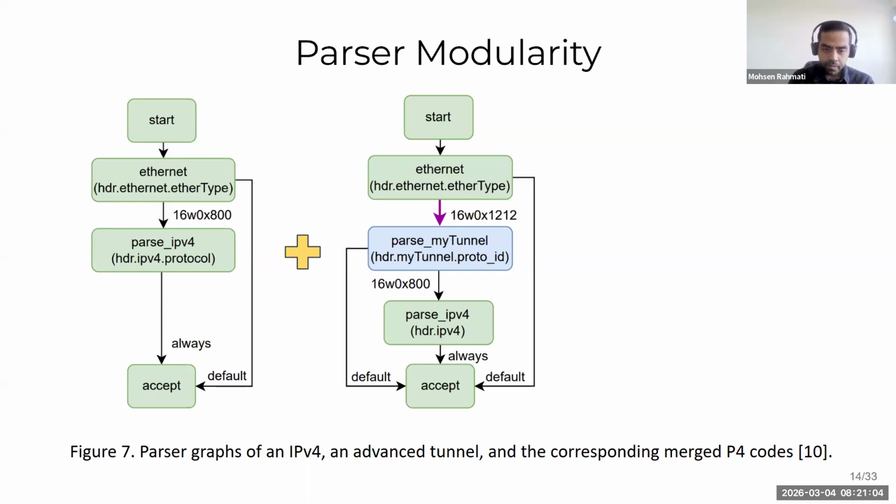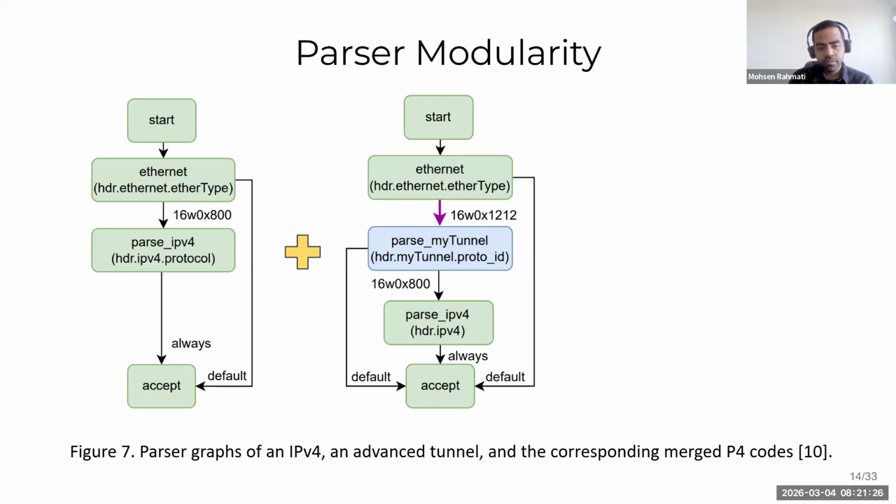But when trying to add a mergeable node, like parse_my_tunnel, as a different node, it needs to also merge its children, for example, parse_IPv4.